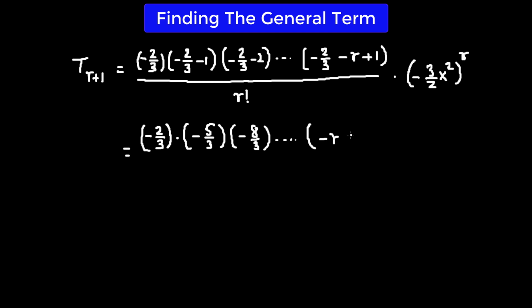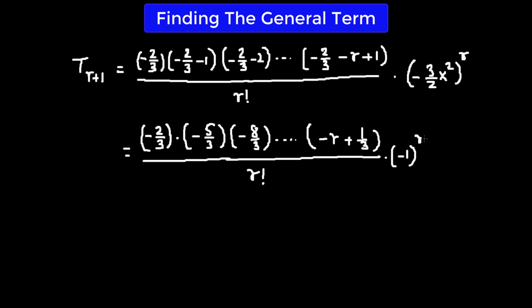Then we have positive 1/3 divided by r factorial times negative 1 raised to the power r times 3 over 2 raised to the power of r times x raised to twice of r. Now we're going to take out the negative number 1 from each of the terms.